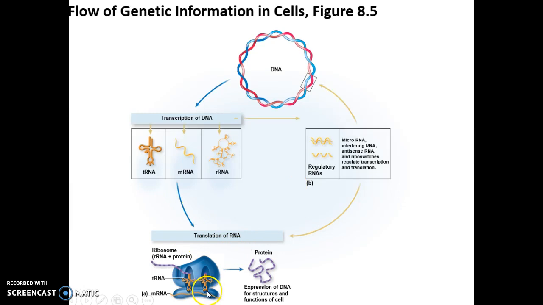The transfer RNAs are going to have specific codes here that are going to attach to the mRNA sequence, and that is going to dictate what amino acids come in and are added to this chain of amino acids. And then the chain of amino acids is what's going to be your protein. And so at this final phase down here, you have expression of the DNA through a protein for structures and function of the cell.